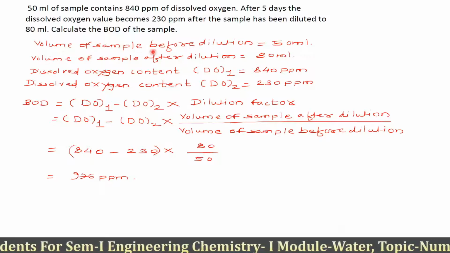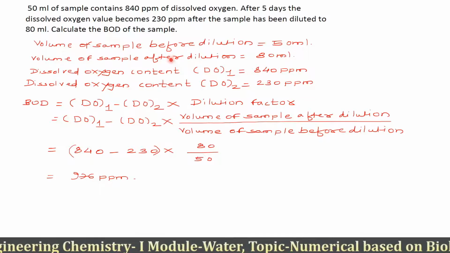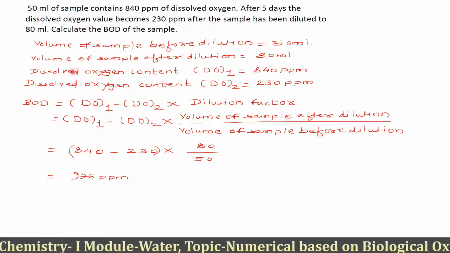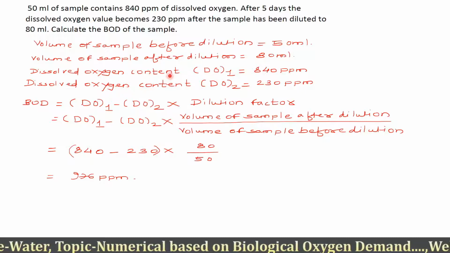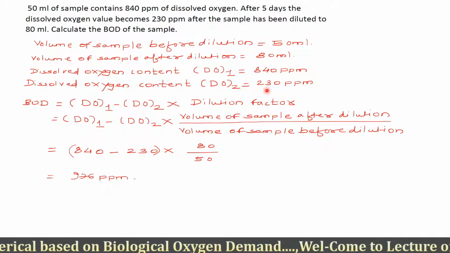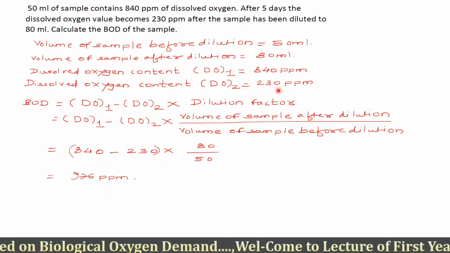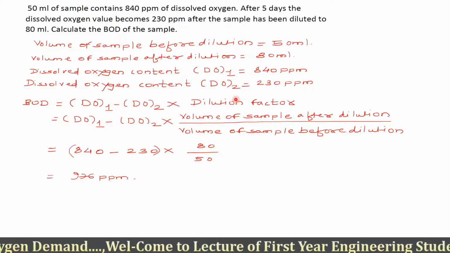Volume of sample before dilution is 50 ml. Volume of sample after dilution is 80 ml. Dissolved oxygen content DO1 is 840 parts per million, and DO2 is 230 parts per million. Then our formula is DO1 minus DO2 into dilution factor.